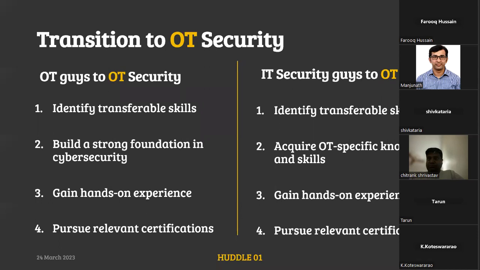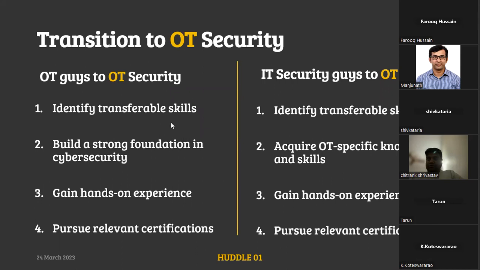If someone is from an OT background and wants to shift into OT security, then they can leverage their existing knowledge. I will be talking about what existing knowledge they need to touch upon, and also some skill set in the industrial automation system, so that they can transit smoothly.